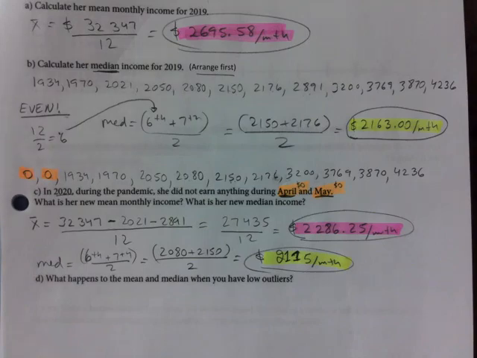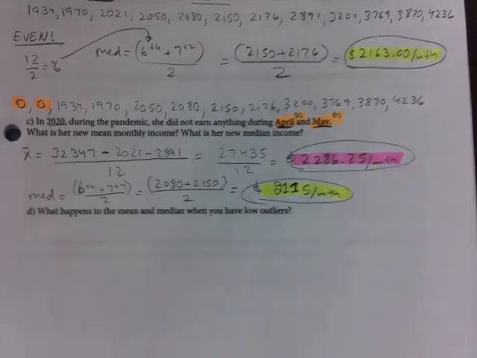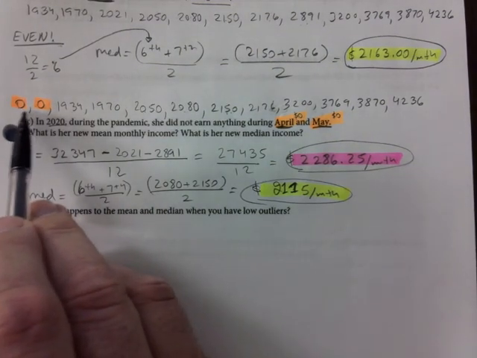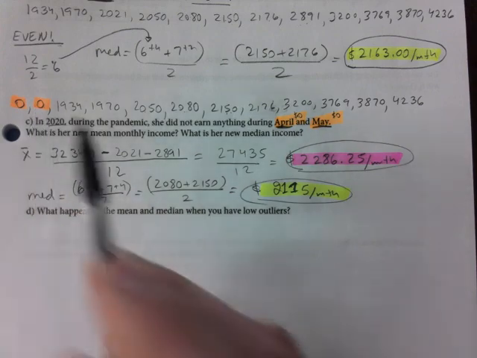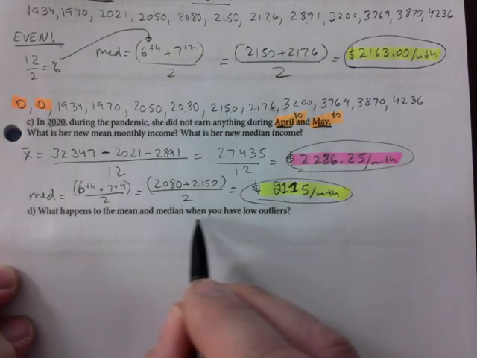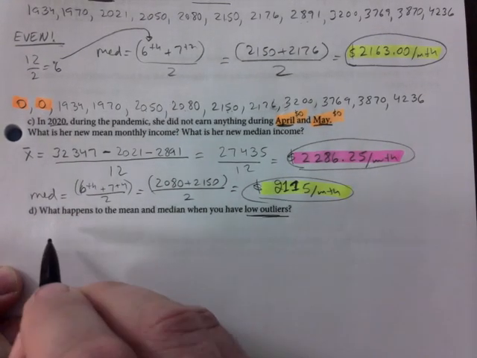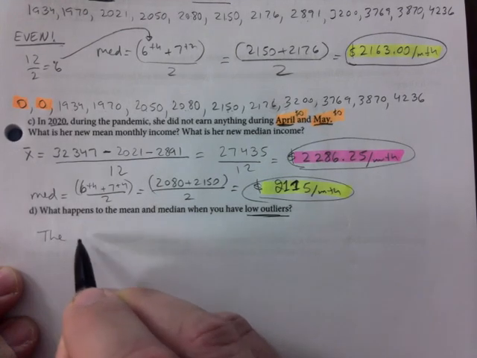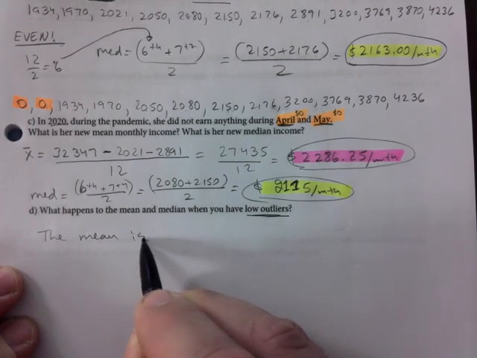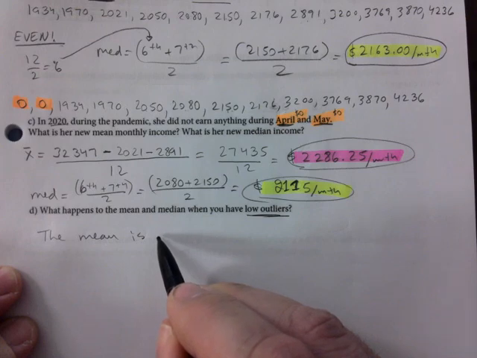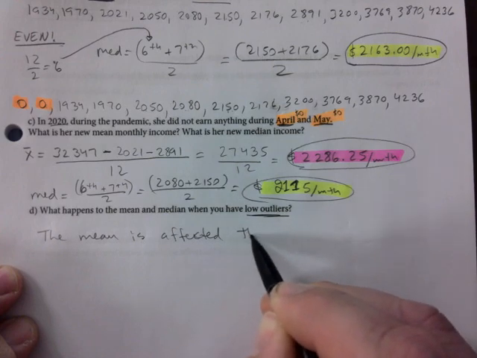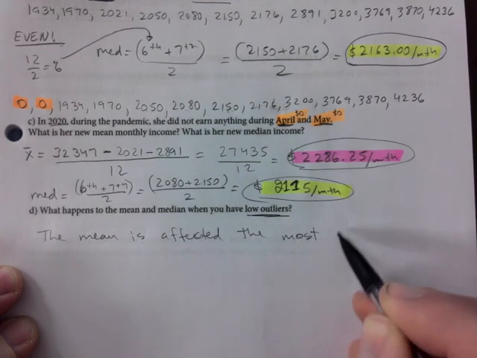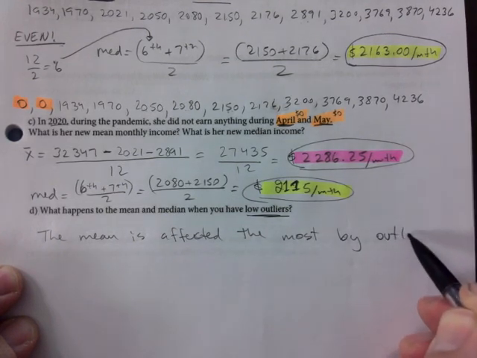Mean is the most affected by outliers. Would you agree that 0, 0 would be outliers for this set? Very different than the rest, right? Okay. What happens to the mean and median when you have low outliers? Okay. The mean is affected the most by outliers, period.